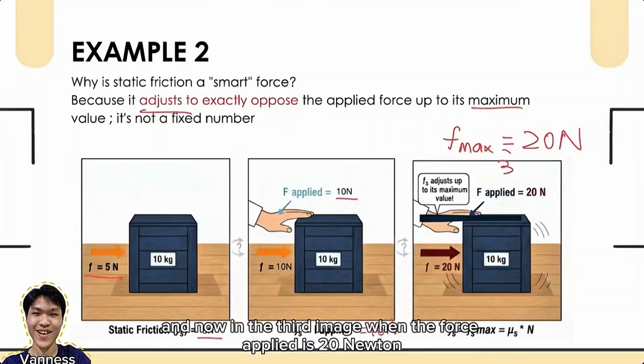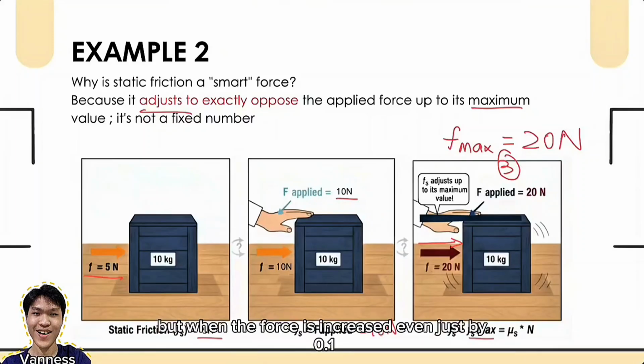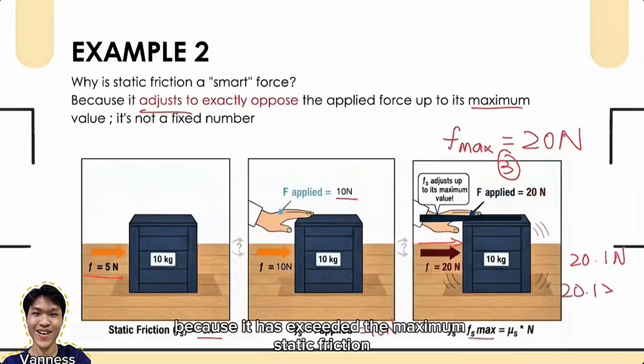And in the third image, when the force applied is 20 Newton, which is the maximum static friction, the object will still remain stationary. But when the force is increased, even just by 0.1, the object will begin to move because it has exceeded the maximum static friction.